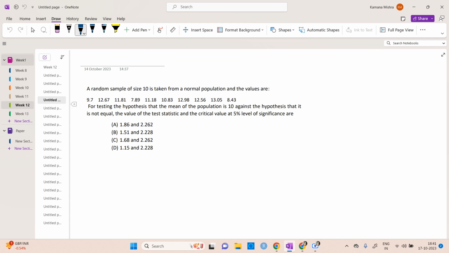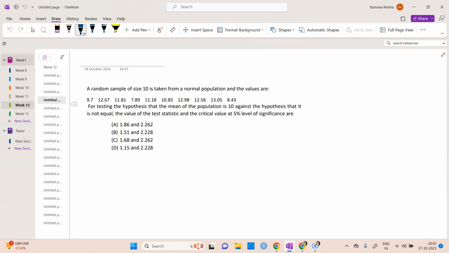Next we have this question. We are taking one random sample from a normal population, and it has these values, right?